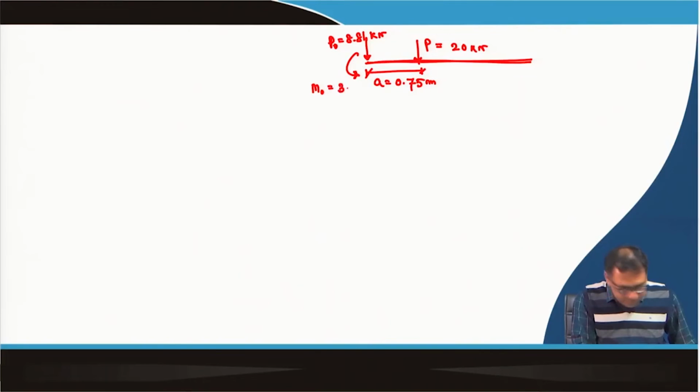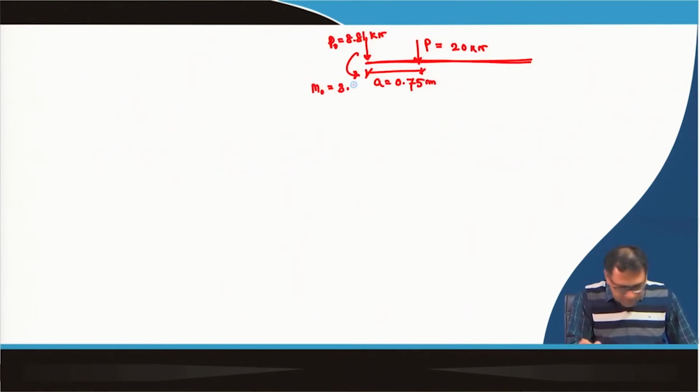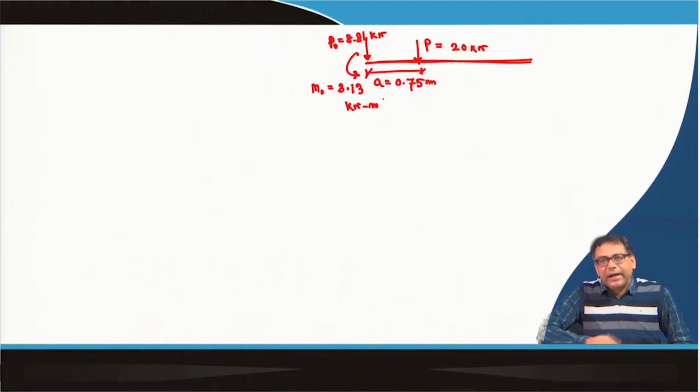M 0 is minus 3.13 kilonewton meter. As I have discussed, a clockwise moment on the left side is positive and an anti-clockwise moment on the right side is positive, but here it is a negative moment. M 0 is minus 3.13 and it is acting on the left side, so that is why it is shown as an anti-clockwise moment.